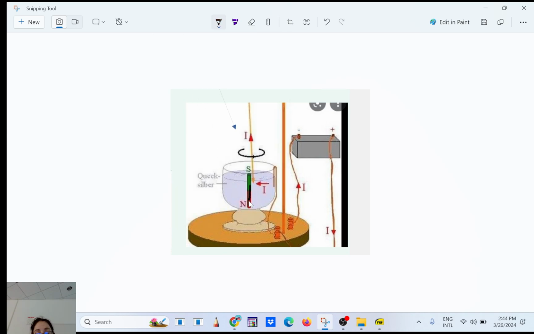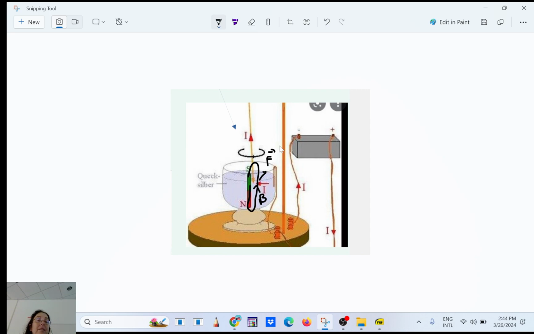So the magnetic field goes this way, you see, up to the north, from the north into the south. So that will be the magnetic field B. That will be the current. So the force will be into the board, into the screen. So the current, magnetic field is up, the force will be into the screen. So it's going to start to rotate, okay?